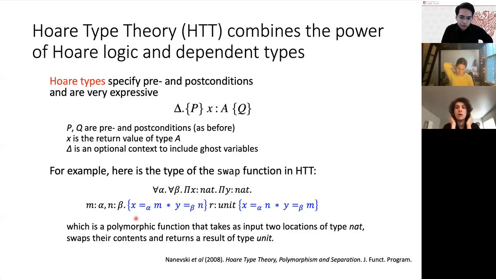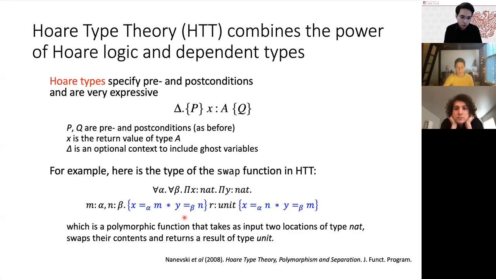Then we see the triple: in the precondition, X is initially M and Y is initially N, and in the postcondition X becomes N and Y becomes M. We are using this equal-alpha symbol just to distinguish between different types of equalities, so it does not really matter here. Notice the output type here is unit, because the swap command does not really return any output.